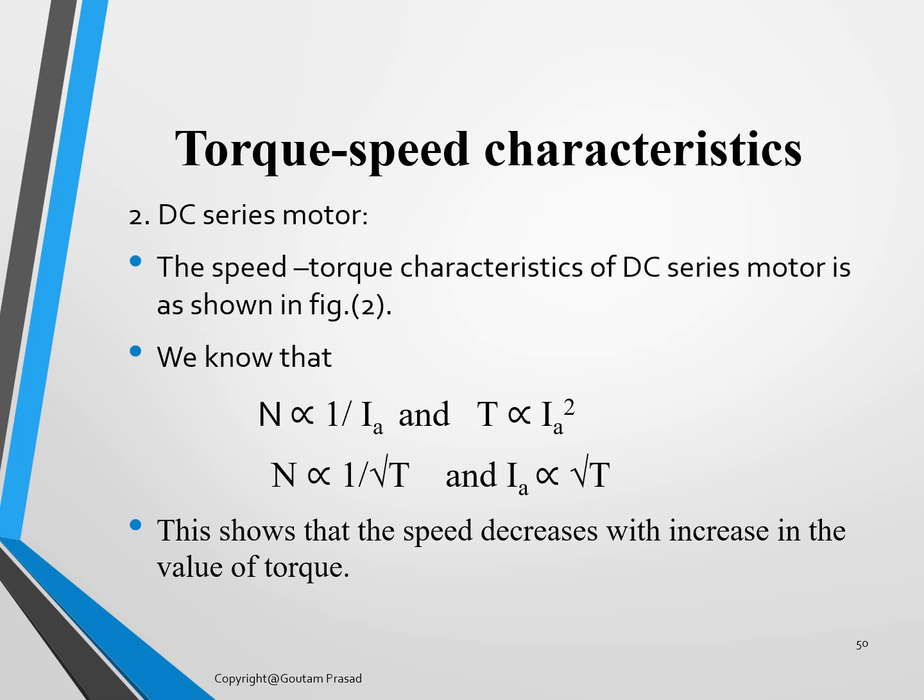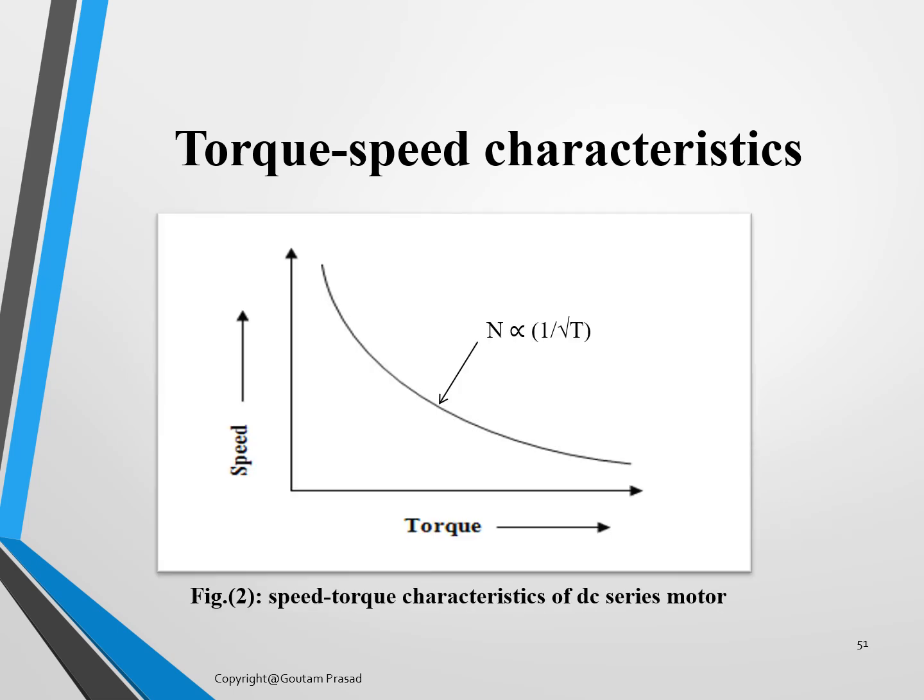In the case of the DC series motor, torque is directly proportional to Ia square and N is directly proportional to 1 upon Ia. So in this case the torque speed characteristic is different.